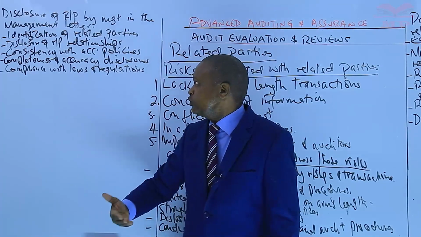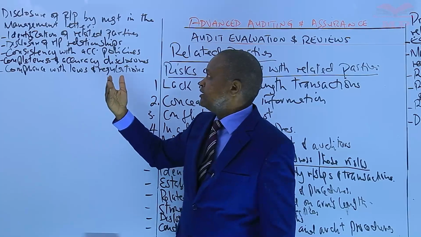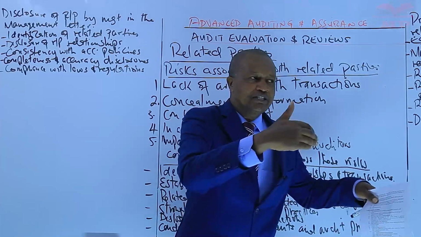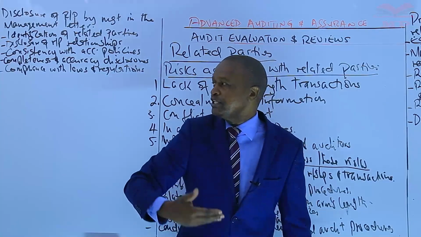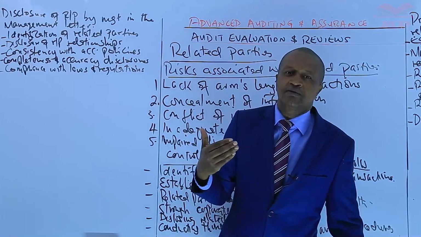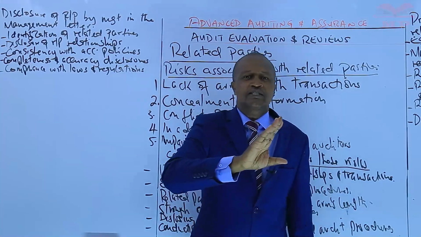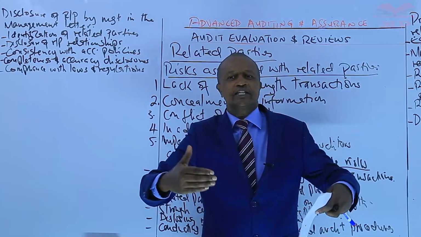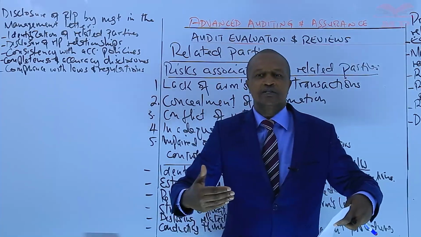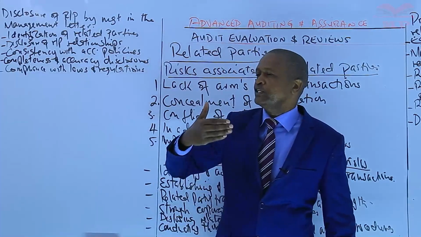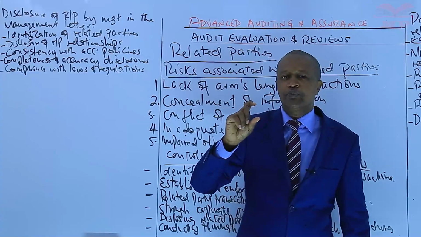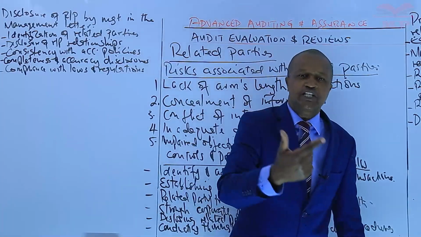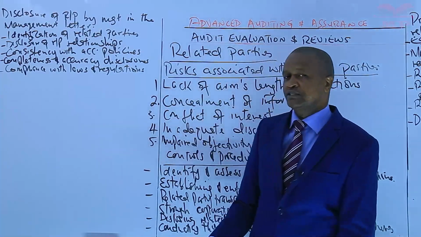And by including the related party disclosures in the management representation letter, the management confirms its responsibility for identifying, for disclosing, and appropriately accounting for related party relationships and transactions in the financial statements.